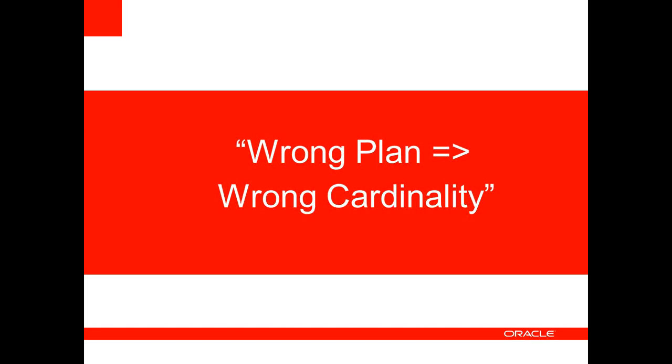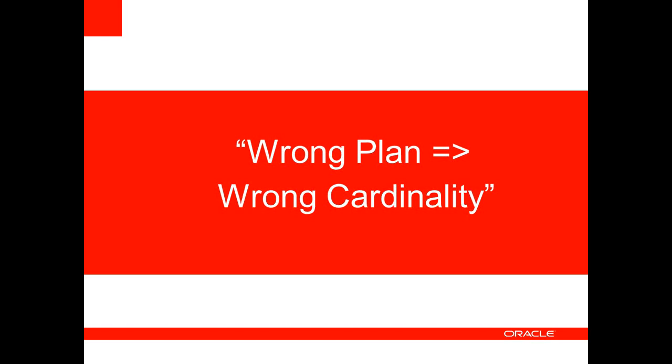Now, if I was to get 100,000 rows out of a table, and those rows were spread throughout the table itself, they weren't concentrated in one location, I would probably use a full scan. So I, as the optimizer, estimating 100,000 rows, will come up with a full scan plan. But what happens if you run that query and where x equals 5 ends up getting 5 records instead of 100,000?